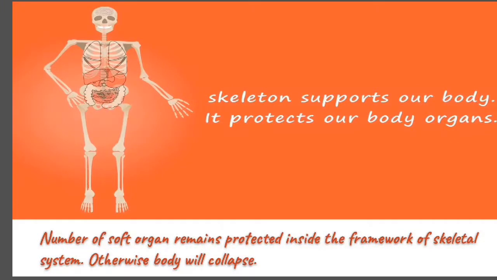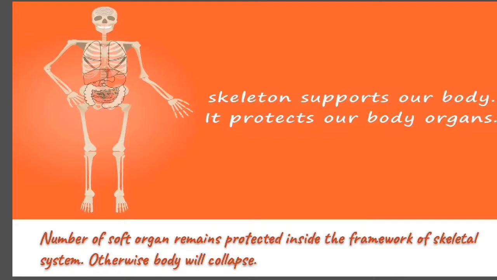Now if we talk about the body, our body is made up of many organs. These organs collectively form a system. In your previous classes also you must have learned that organs form an organ system. And if we want to run all these systems in a regular, correct manner, they need protection inside our body.